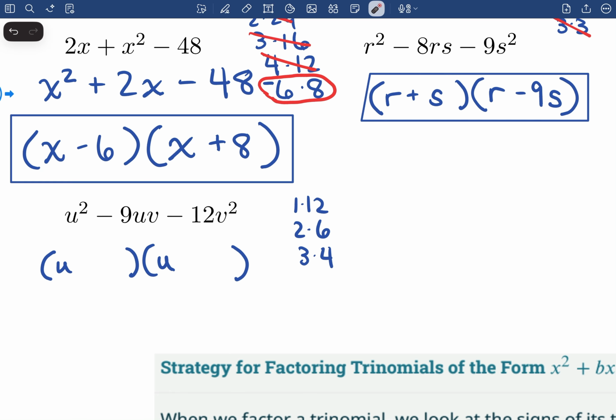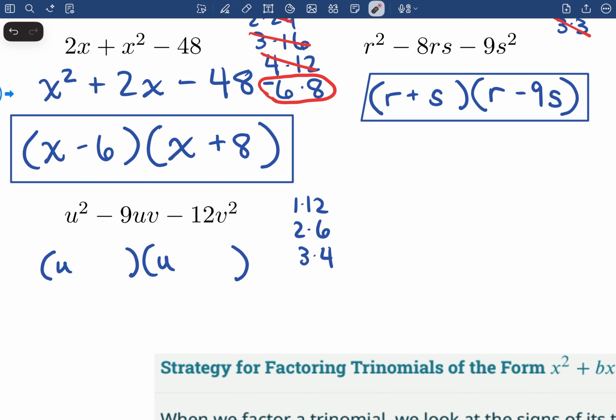I think for a second, are there any values that sum to negative 9 in this case? 1 times 12 doesn't, 2 times 6 only makes 8, and 3 times 4 doesn't work. So I'm thinking, I don't know which things will make that happen.